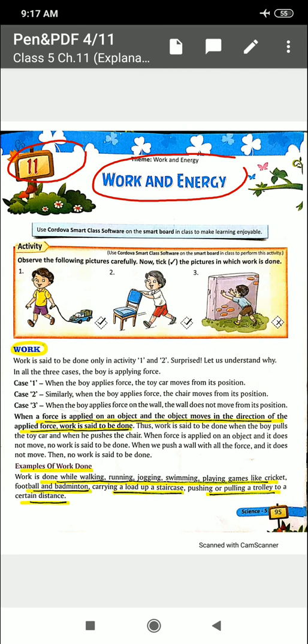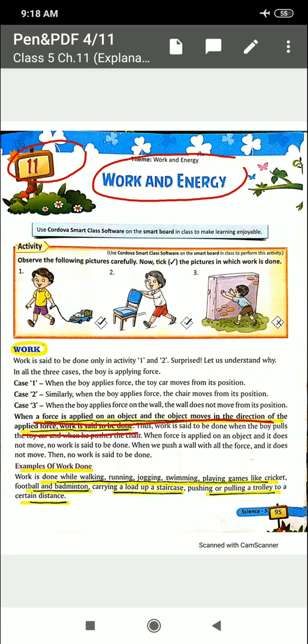And the work done, just see here the definition of work done. When a force is applied on an object and the object moves in the direction of the applied force, the work is said to be done. As per the definitions of force, work and energy, you can easily relate that these three terms are correlated.